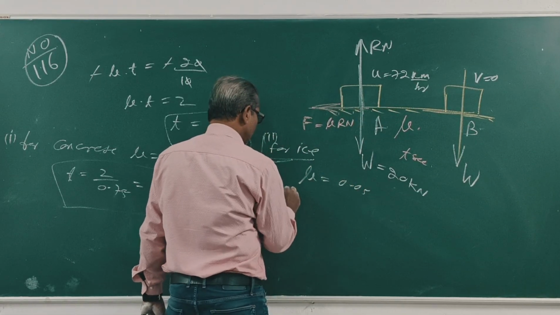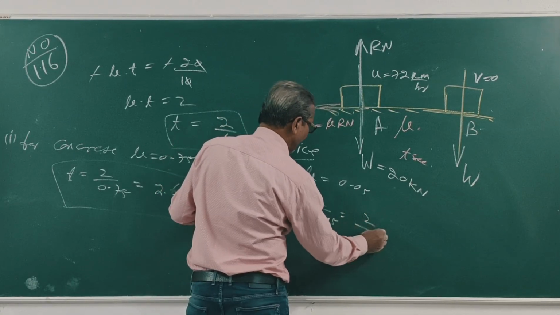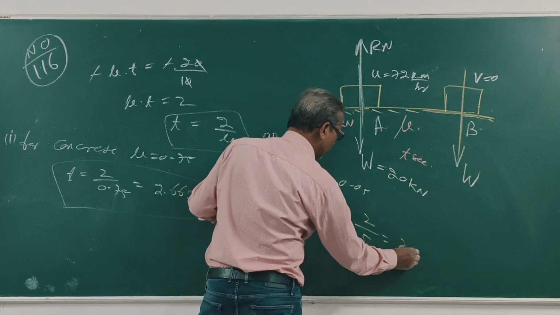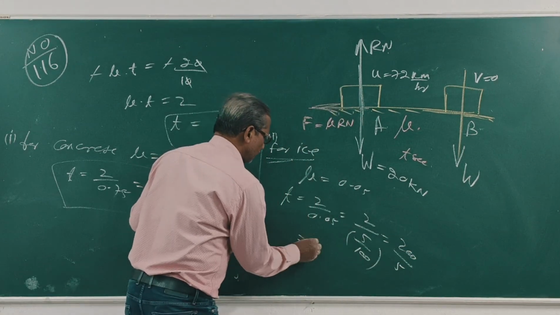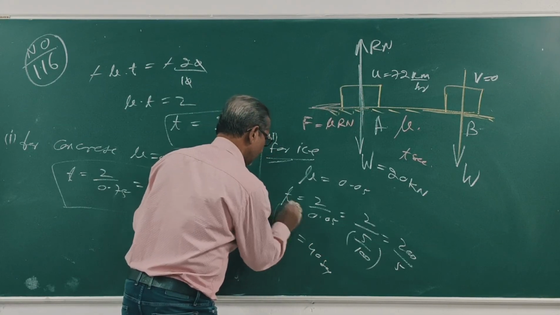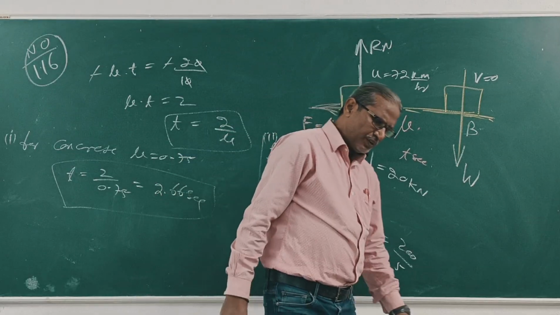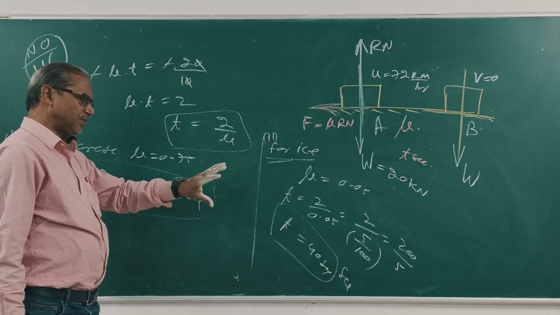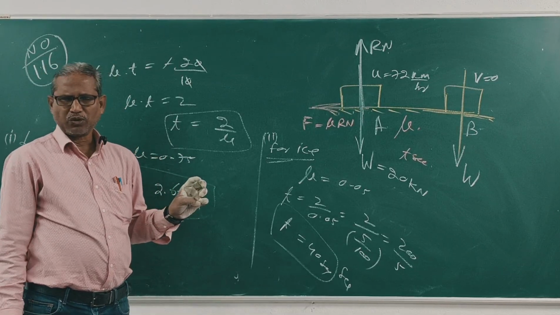So T is equal to 2 by 0.05, so 200 by 5, 40 seconds. Right? This is the answer for T. Clear? This is for concrete, this is for ice. Now, this is our question problem for the impulse momentum equation.